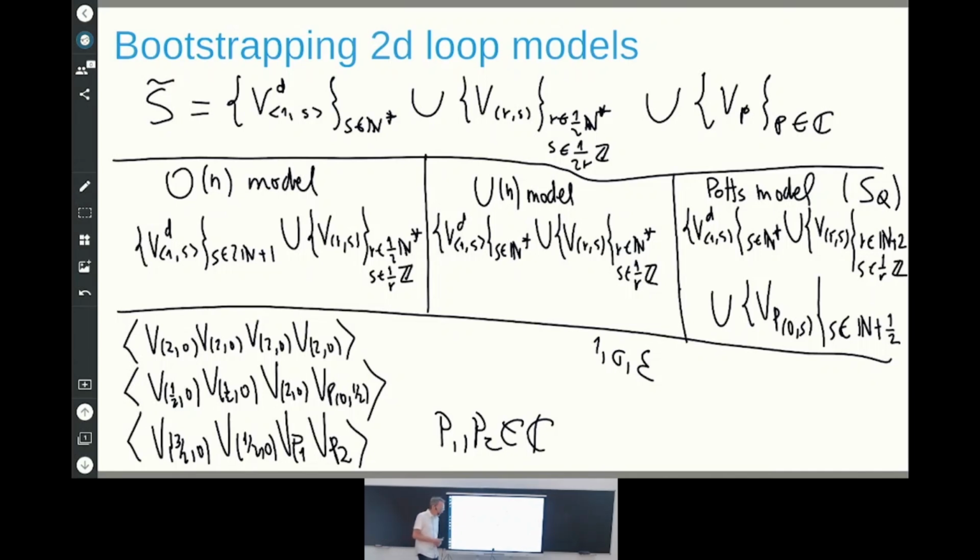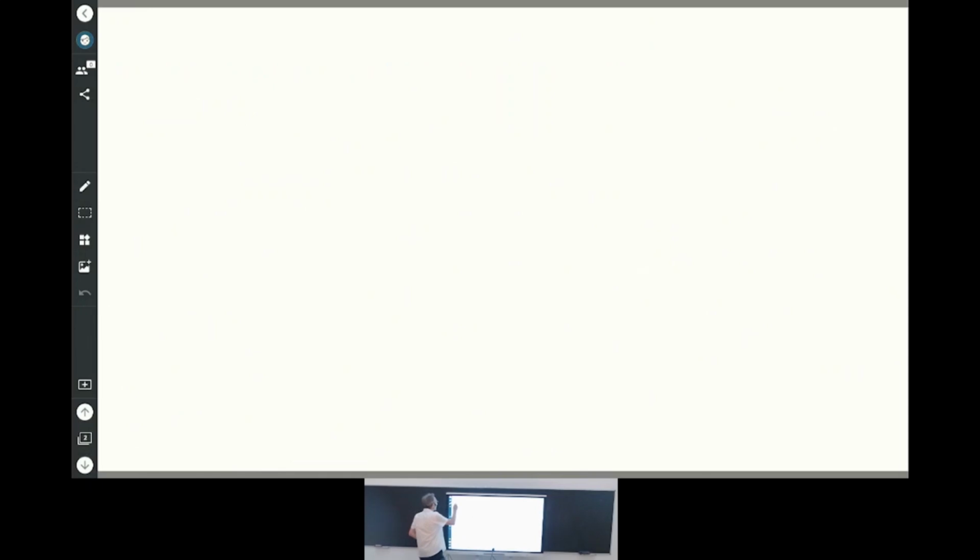Okay, so now let's be a bit more concrete about these models and why they can be formulated in terms of loops on a lattice. So let's start with the ON model. Well, I won't do them in detail, but maybe in the ON model I can be slightly more specific.